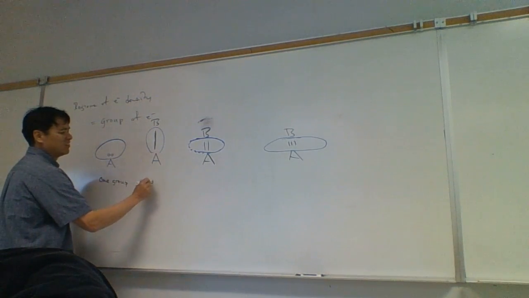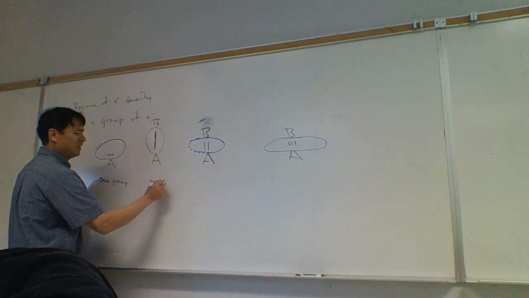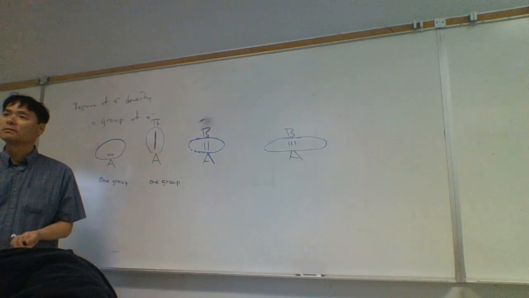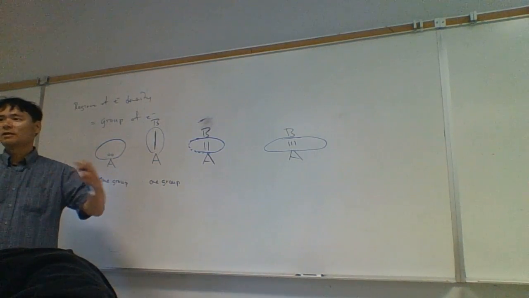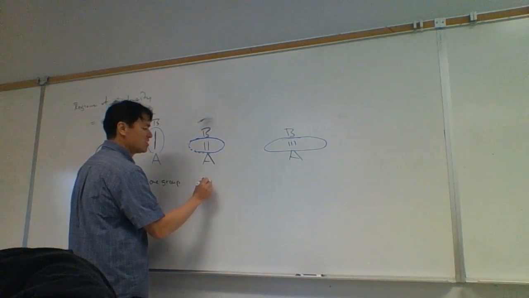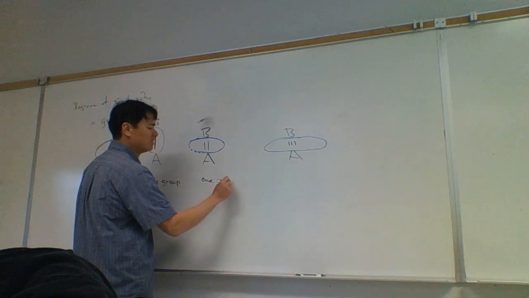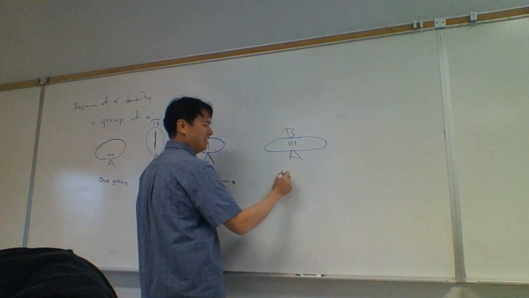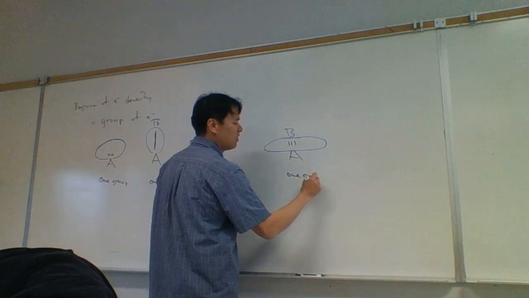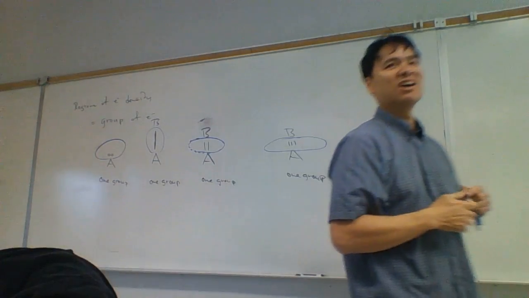A single bond, we don't split up. Can we split up a double bond into 2 separate single bonds? Turns out we can't. And so a double bond is just considered one group. And a triple bond? One group.